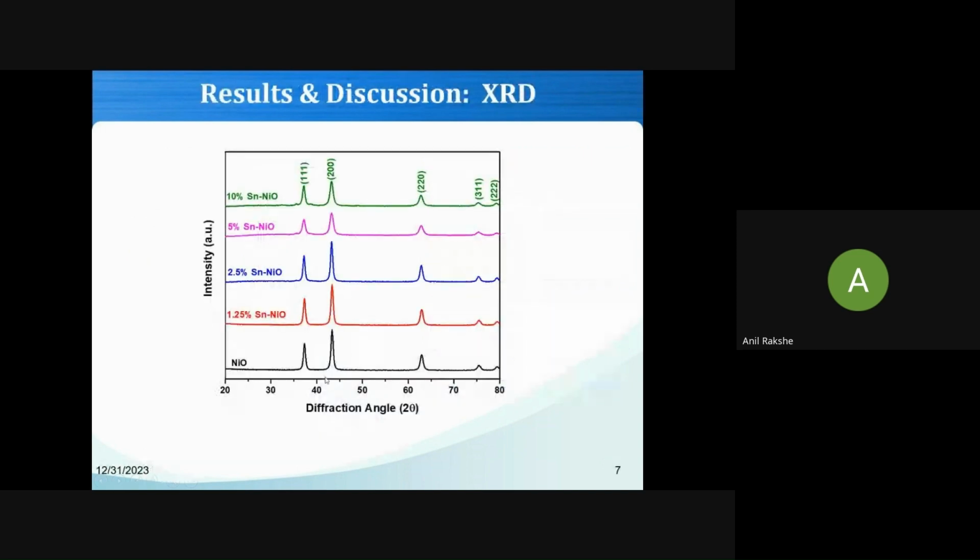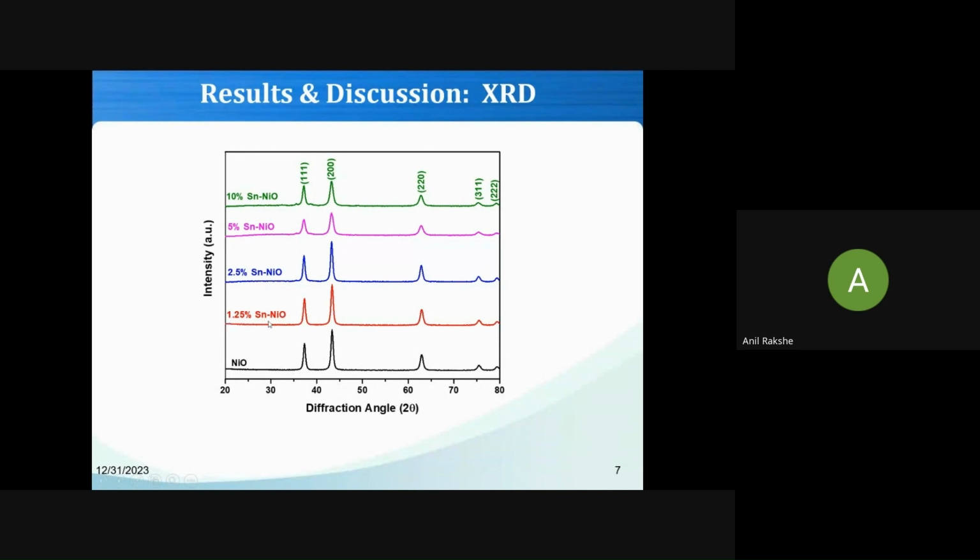The results and discussions. The first characterization I did for my samples is XRD, and I prepared plain nickel oxide nanostructures, nanoparticles. The XRD curve was something like this.